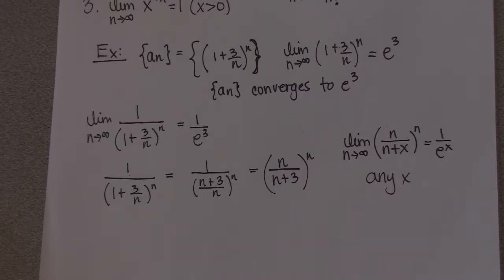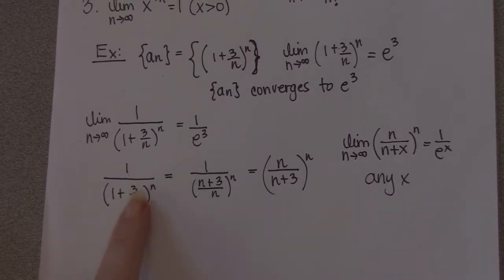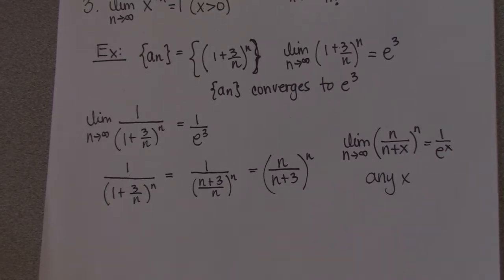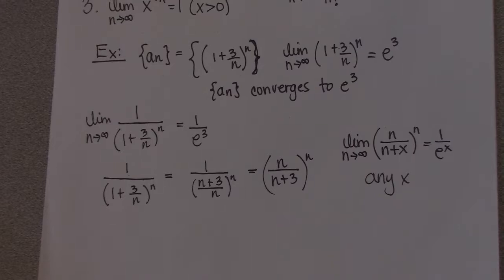If you undo those algebra steps, you can get right back to this spot and see that it is in fact just 1 over e. So when you're looking at limit number 5, I might make a little star by it and realize that's another commonly occurring form of that same limit. Does that make sense? Once again, that x is going to be represented by a number. All right, cool. Any questions?